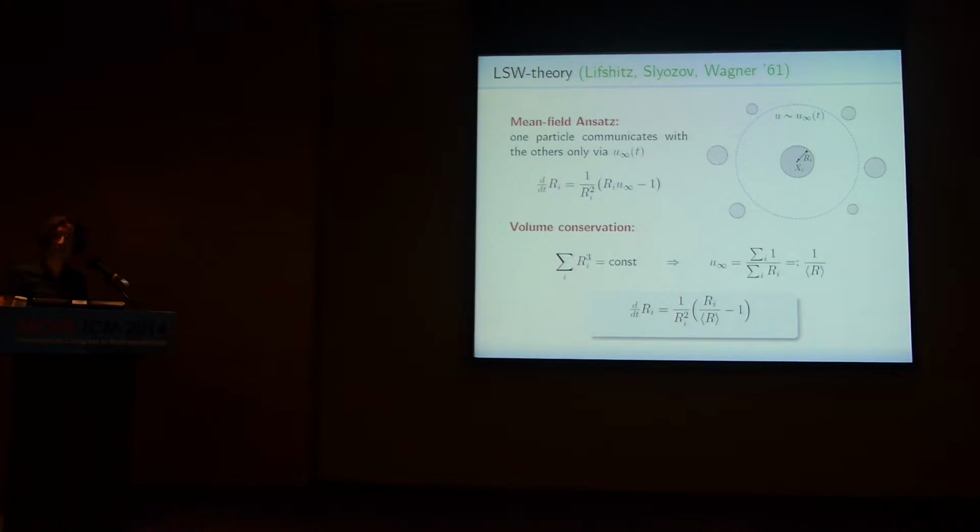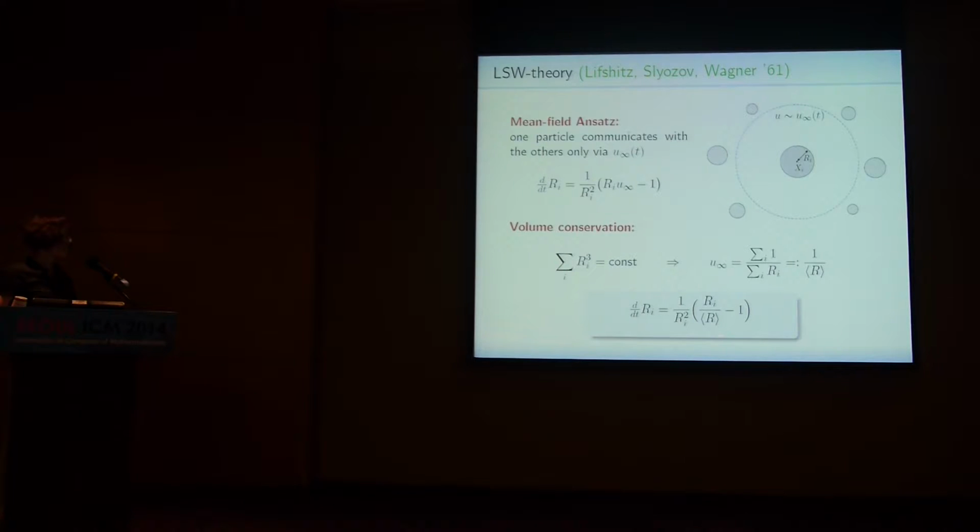Well, the thing which we haven't taken into account is volume conservation. So we say, okay, in addition, the sum of the radii cubed is constant in time. We differentiate this with respect to time, plug in this law, rearrange, and get, in fact, that u infinity must be equal to the inverse mean radius in the system. So in the end, we end up with a system with a huge number of particles.